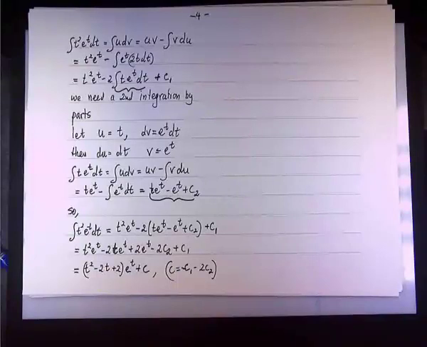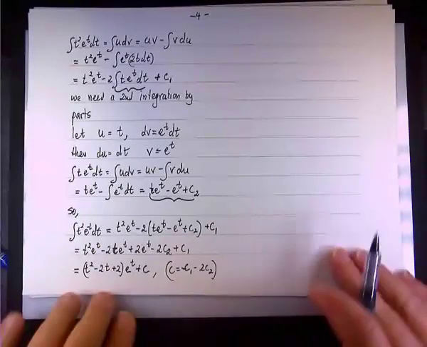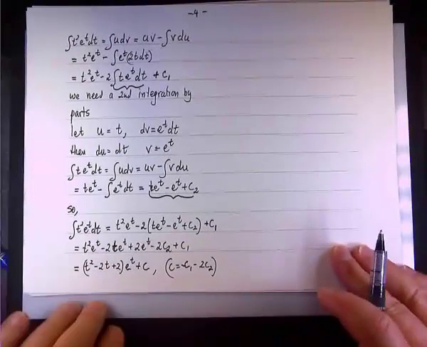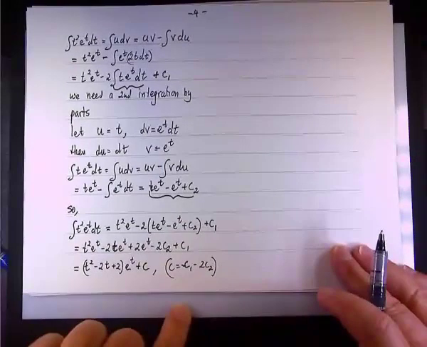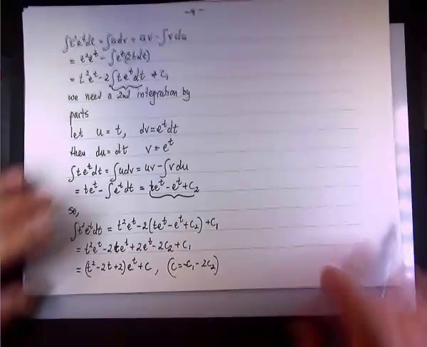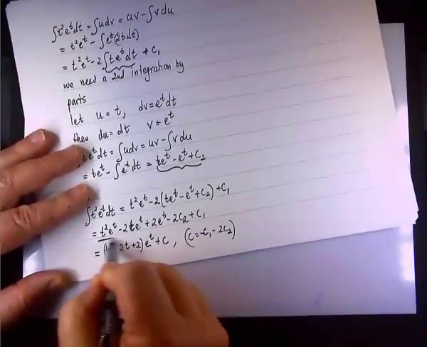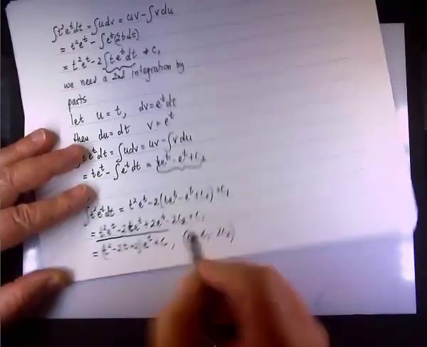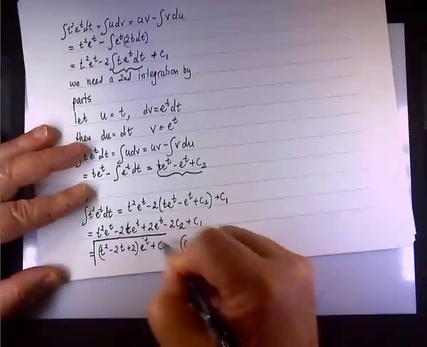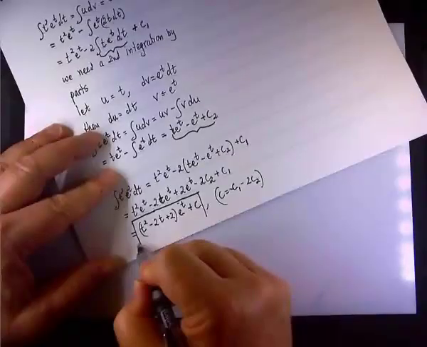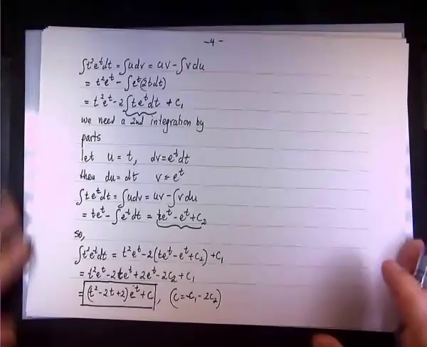Like so. Because they're all constants, eventually we don't care what the value of the constant is at this point. When we do a definite integral, or if we have additional information, for instance, what is the value of the integral at t equals 0, then we can find out the value of c.